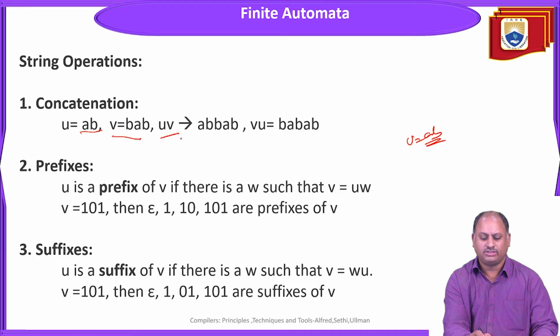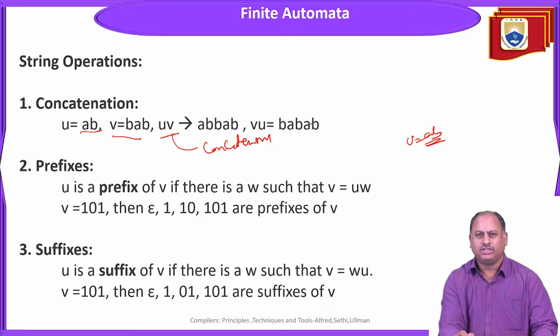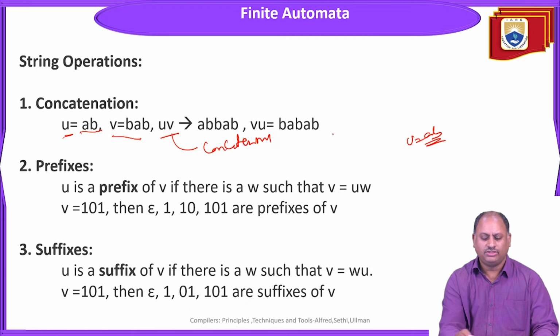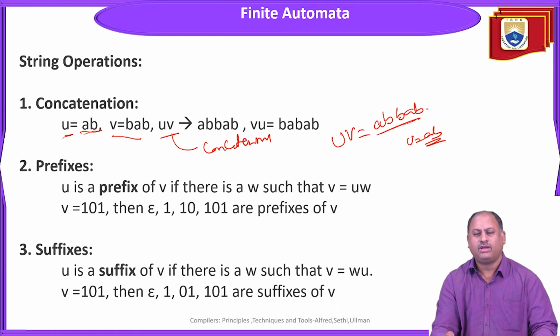Then the concatenation of U and V is generally denoted by combining string 1 and string 2. String 1 is U with contents AB, and string 2 is V with contents BAB.